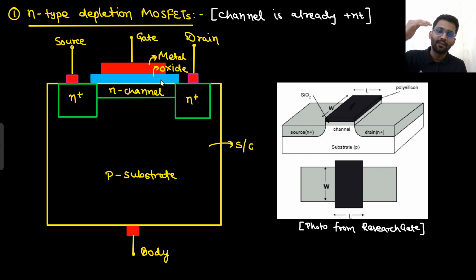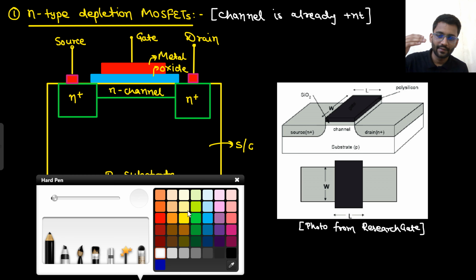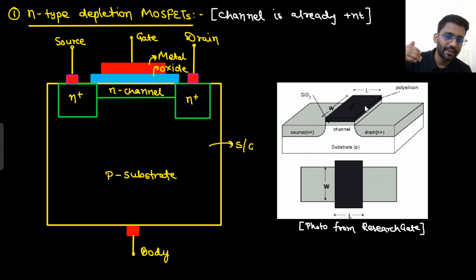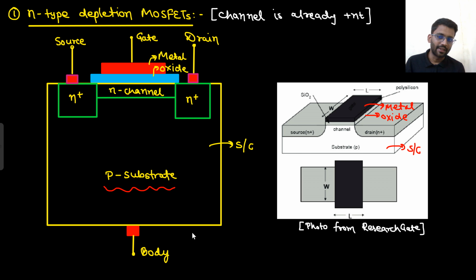This particular layer is the metal. Then you have an oxide, and then you have a semiconductor. This is a P type substrate, so the P semiconductor is there. In the P type substrate, there are N plus regions and an N channel.